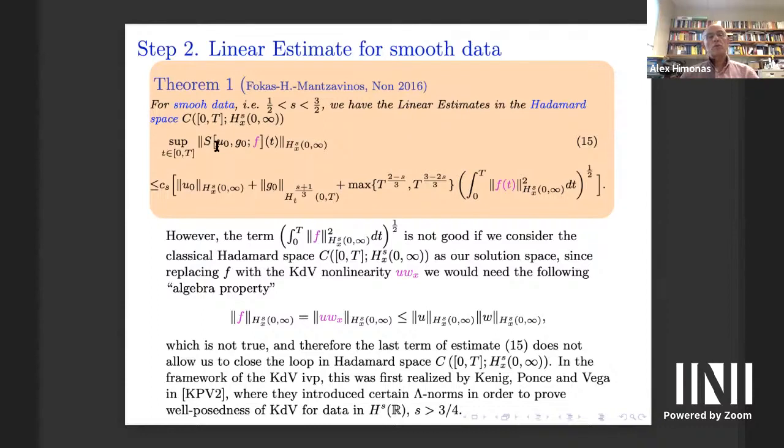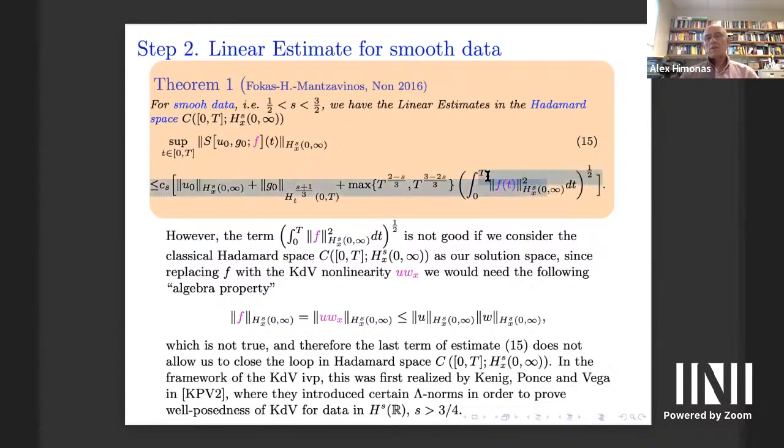So the solution of the forced linear IBVP with initial data U0, boundary data G0 and forcing F is bounded by the Sobolev norm of the initial data, the Sobolev norm of the boundary data. Here is HS, but the boundary data norm is S+1/3, which comes from the time regularity known since long time ago. And then we get here this funny norm.